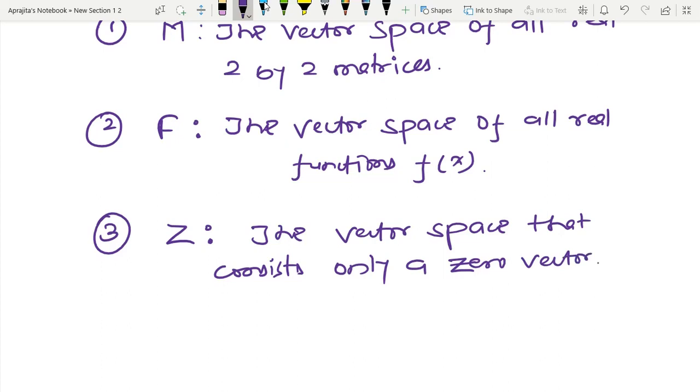So now I have the third example where the vector space has just a single element, that is the zero vector.